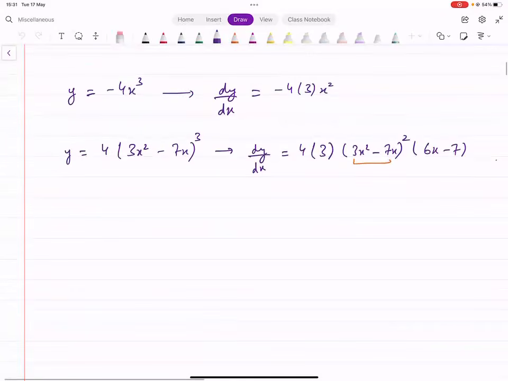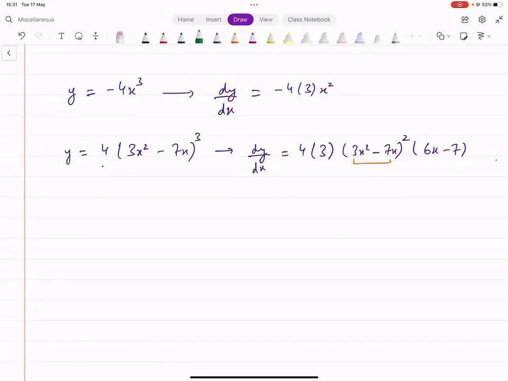Now, let me just remind you of what the power rule was, because it's going to be used extensively here as well. If the function is of this kind, y equals minus 4x cubed, how do you differentiate that? You multiply by the power, so the power gets multiplied here. You subtract 1 from the power. And then you also multiply by the derivative of what is inside the power. Here there is only x; if there were something else in place of x, we would multiply by that.